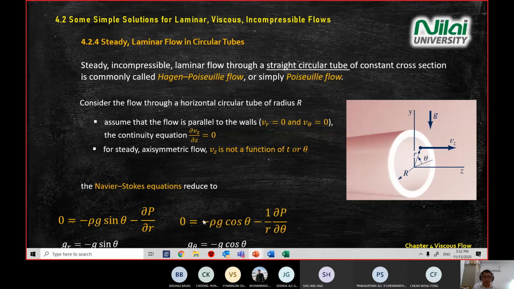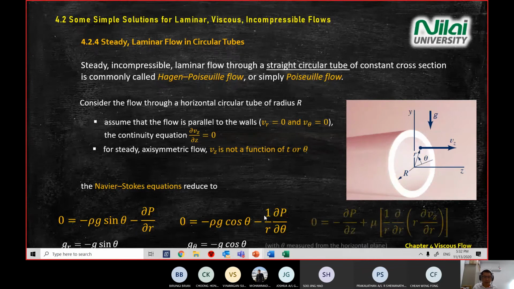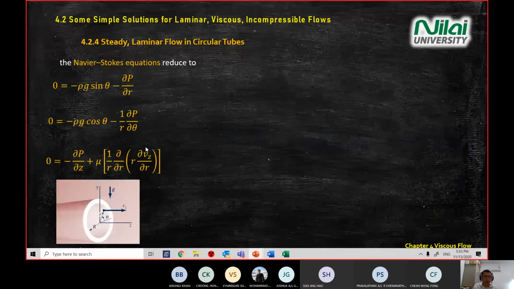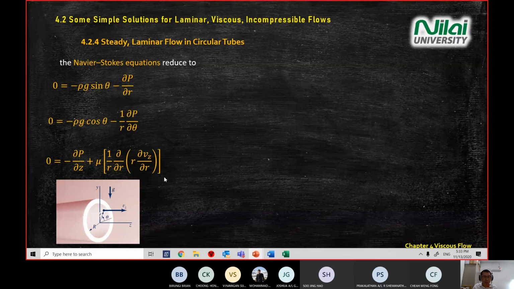Then you further reduce it, further rearrange it, and you have all these equations: the first one, second one, third one. All is 0 on the left, and then you rearrange. So for laminar flow inside a circular tube you have these 3 equations, and these 3 come from the Navier-Stokes equation. How we reduce this is based on the assumptions that we mentioned just now.